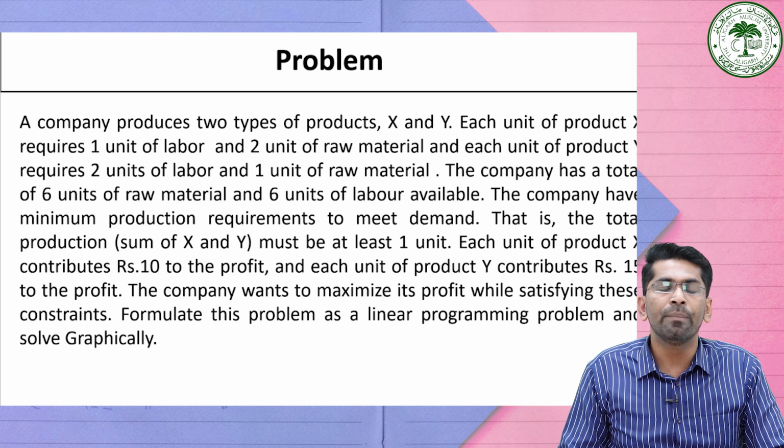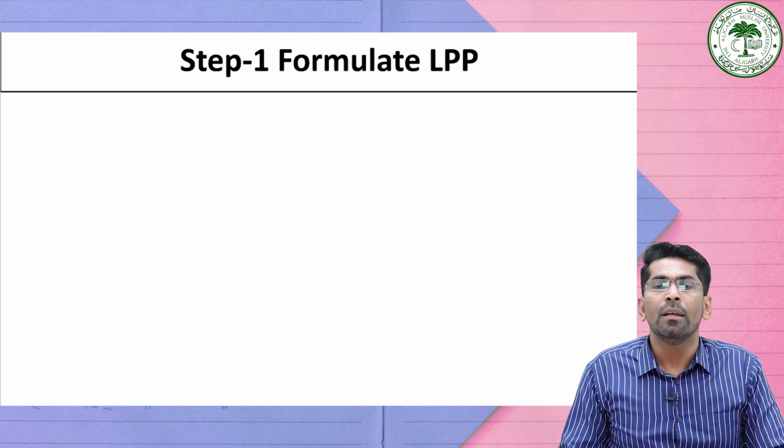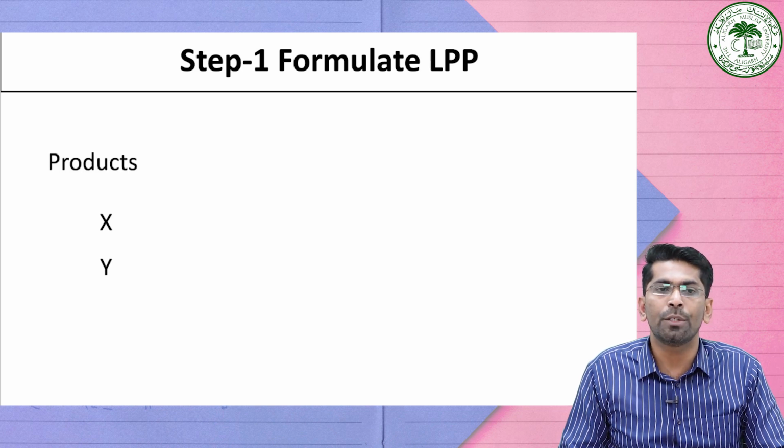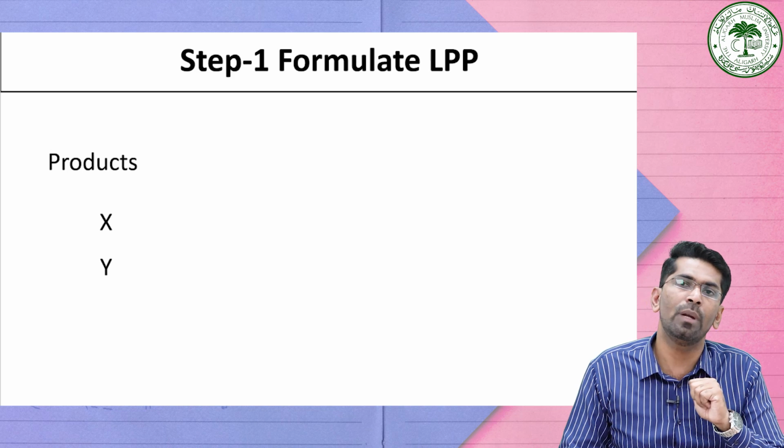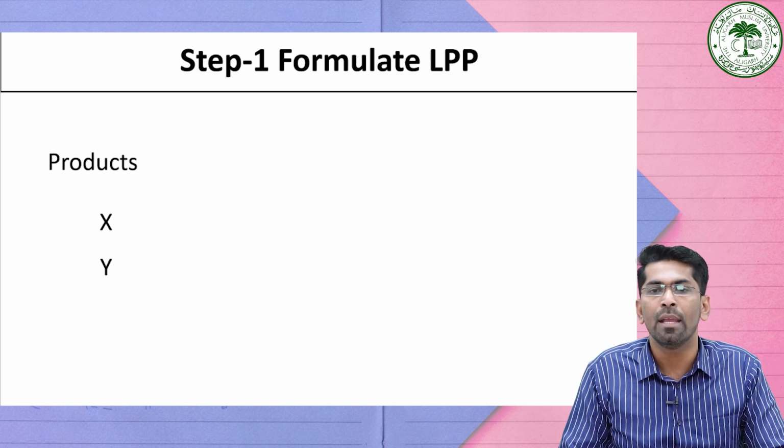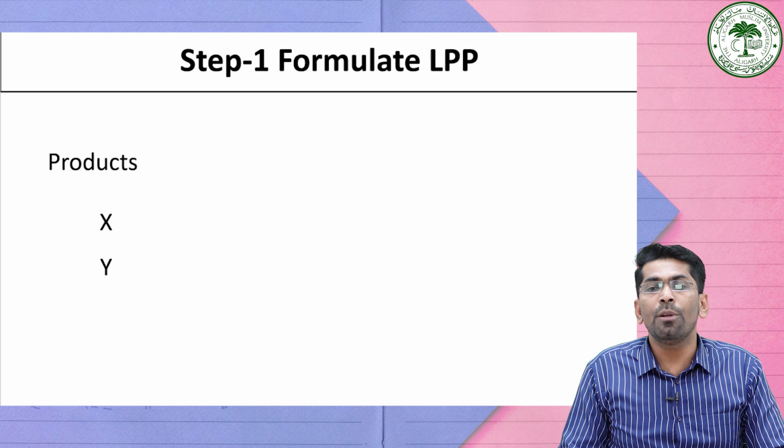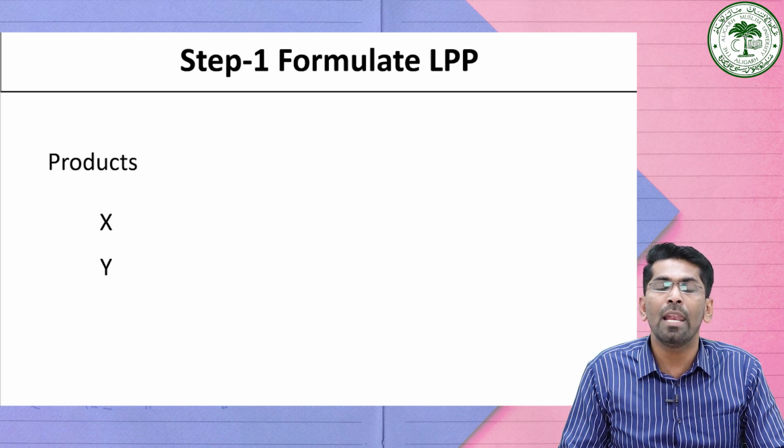In the given problem, the company is producing two products, product X and product Y. So we have two decision variables here, X and Y. The labor and raw materials are the requirements.